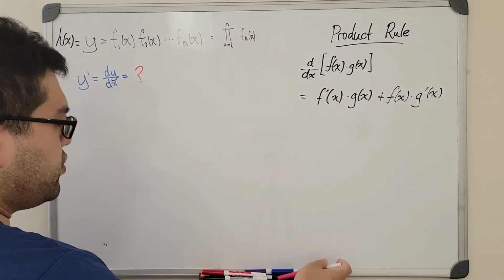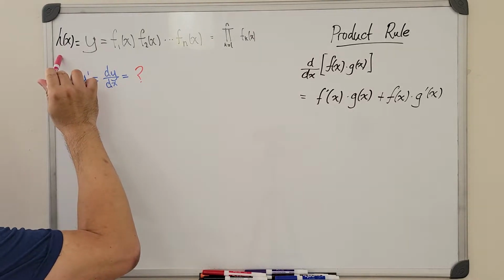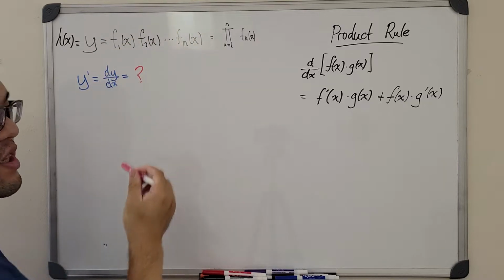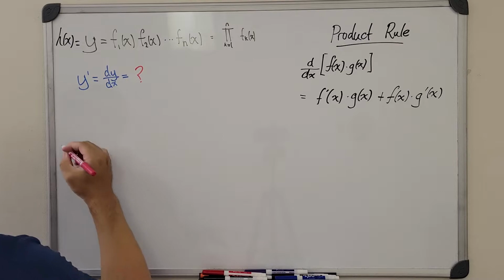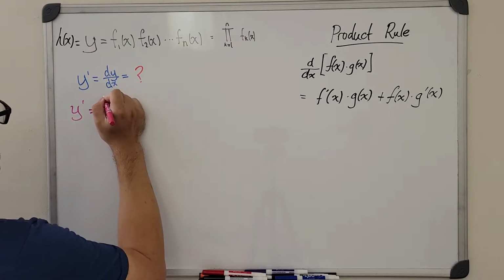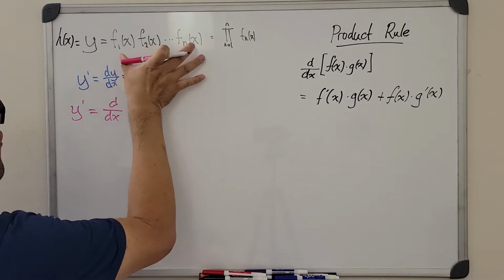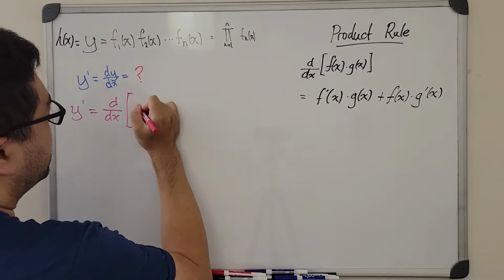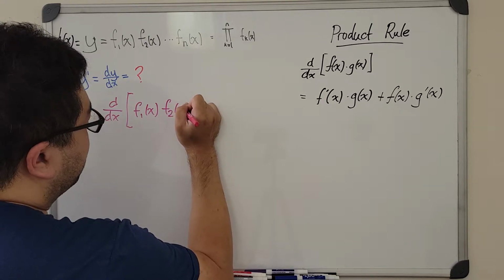Since h of x is a function that is a product of many functions, what can we do? We're going to look at this big function and separate it in the following way.